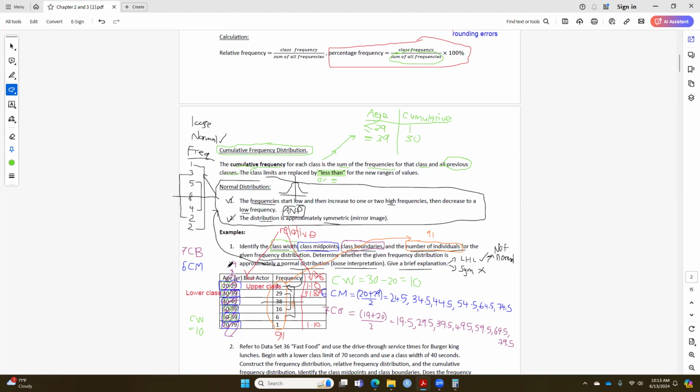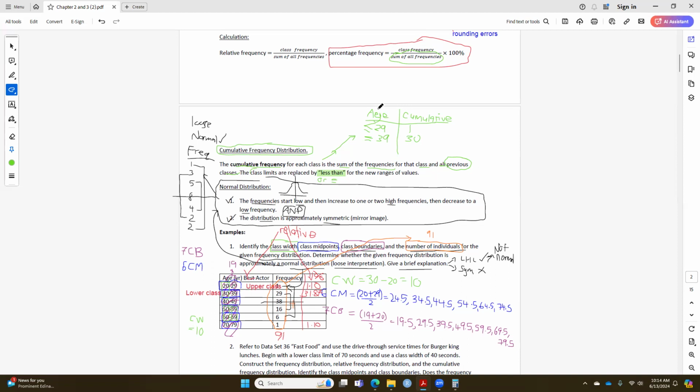You find that the classes are a little bit different from the ones we had earlier when we did the frequency distribution. The reason is that this cumulative frequency of 30 actually accumulates from 20 to 39, because you add these two classes. So that's why it goes from 20 to 39.